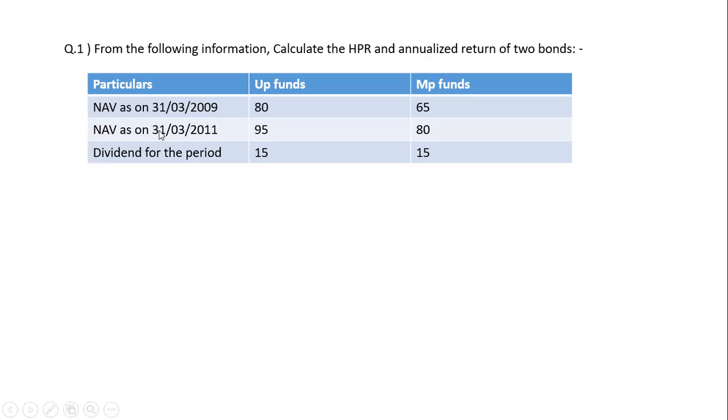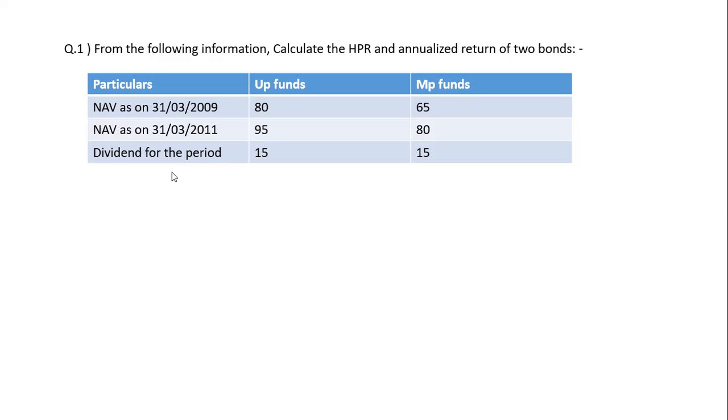NAV as on 31st March 2011 is 95 and 80. This is the beginning NAV, and this is the ending NAV, the closing NAV. Beginning NAV is the buying NAV, the price at which we have bought, 80, and we have sold at 95.